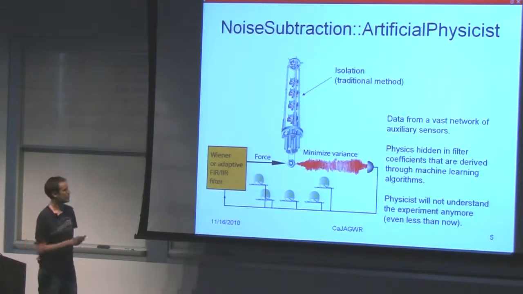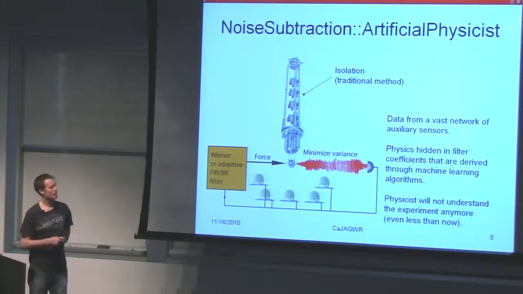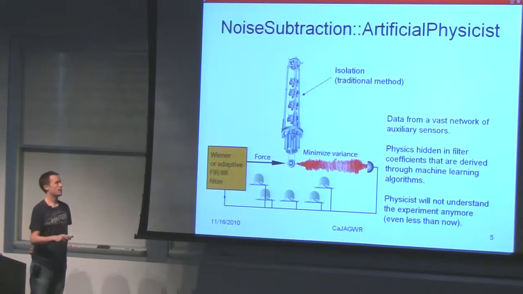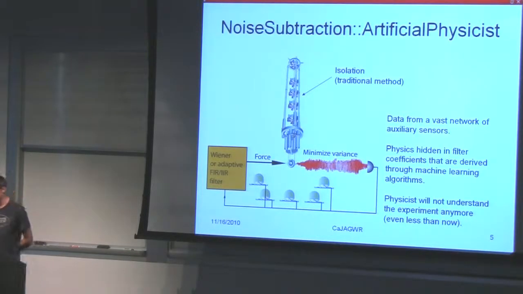It's all much too complicated, and this will be another increase of complexity, and that's why we won't understand the experiment anymore, and also we leave much of the physics. To understand and encode the meaning of our seismic data, we leave this up to machines, and they somehow learn to optimally make use of this. And whether they are right or wrong, we don't know. We just know that they somehow fulfill the purpose, which means to minimize some variance. So I'm not really too scared about all this, but some people may be.